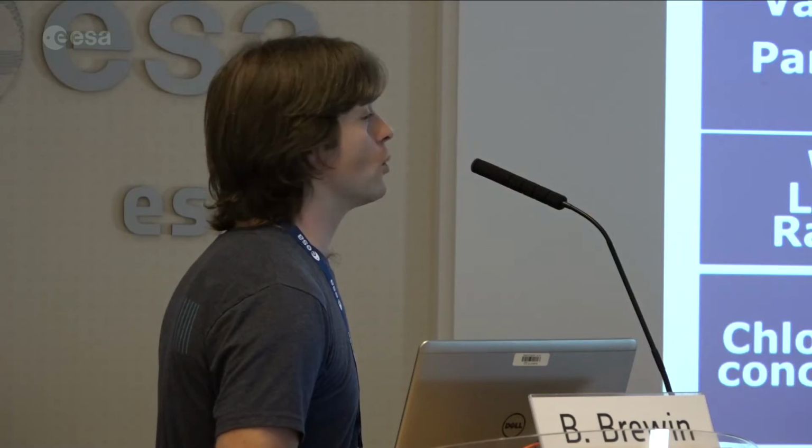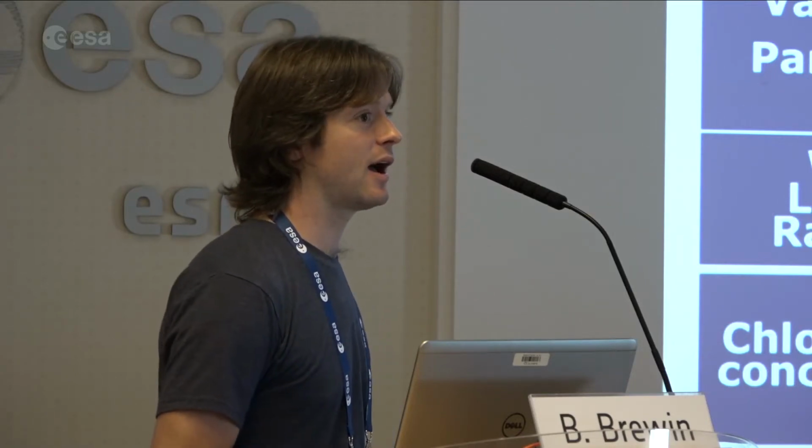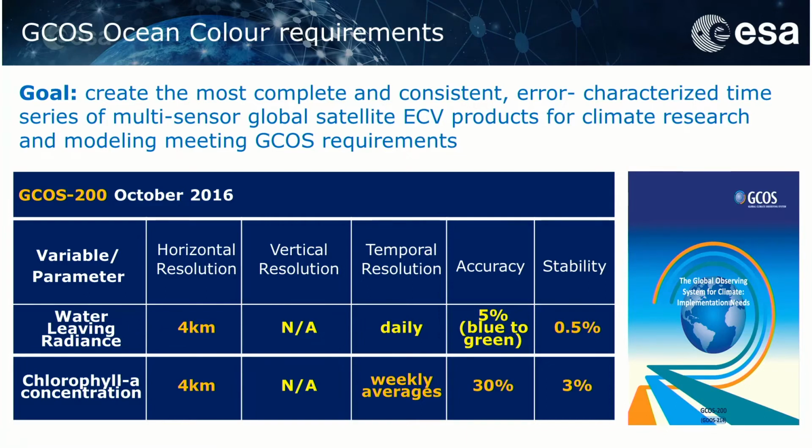So it's an iterative process, these requirements. But certainly the 30% in chlorophyll, my understanding is, comes because we derive chlorophyll from water-leaving radiance, and if we haven't got water-leaving radiance within a 5% accuracy, we're not going to retrieve chlorophyll within 30% accuracy.